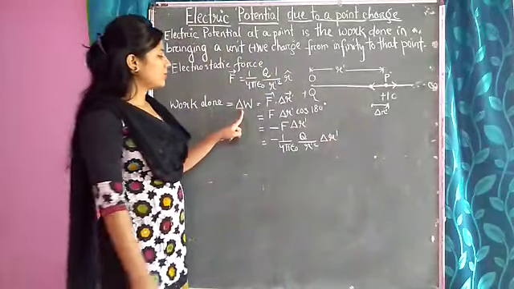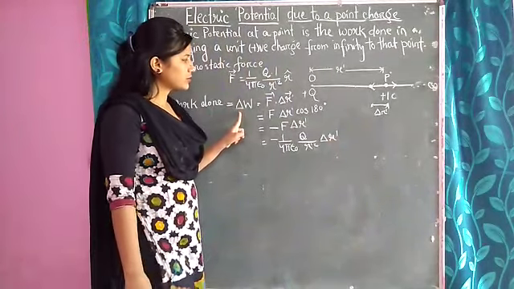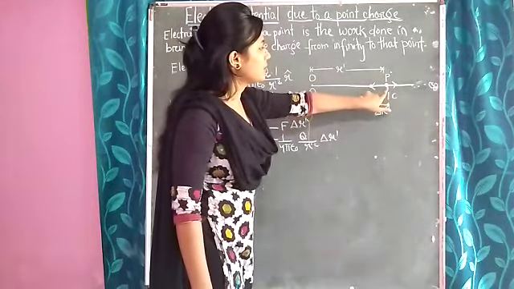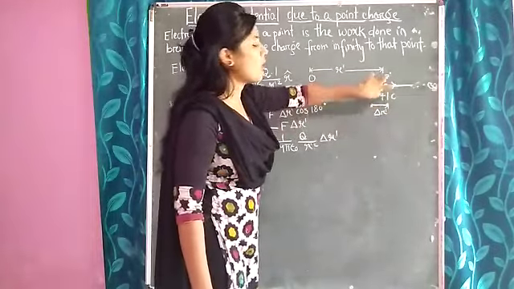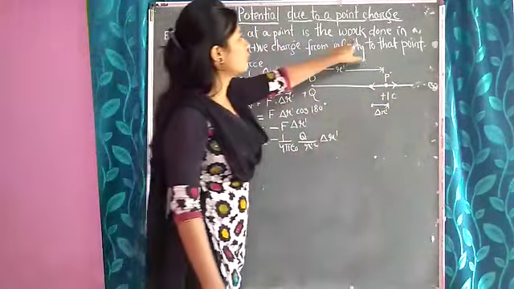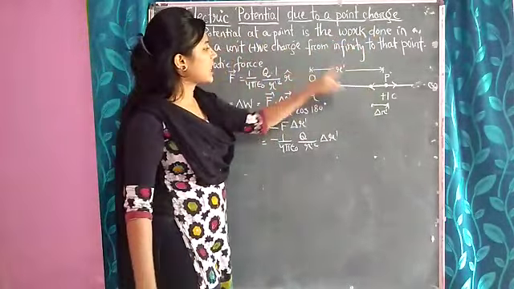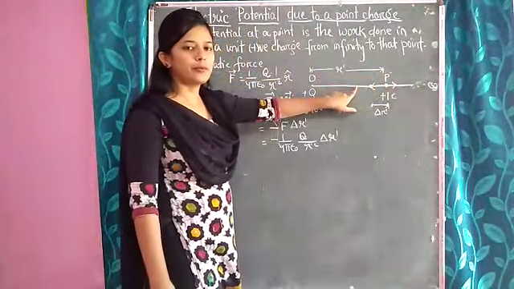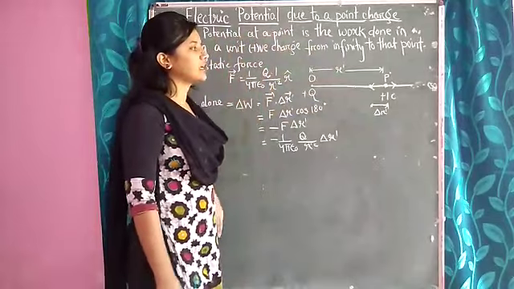Next, we will find the total work done. First, we found the work done in bringing the charge from here to here for a small displacement. Now our aim is to find the work done in bringing the unit charge from infinity to that point, which will give us the electric potential at a point.